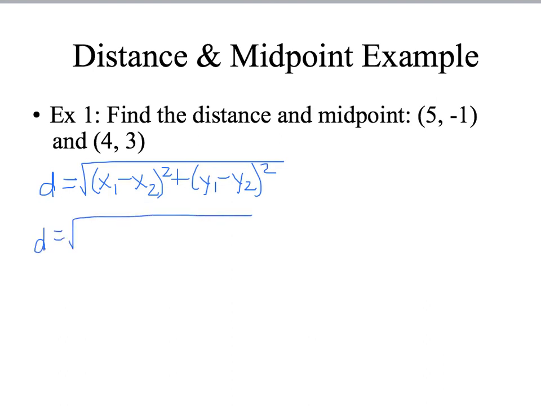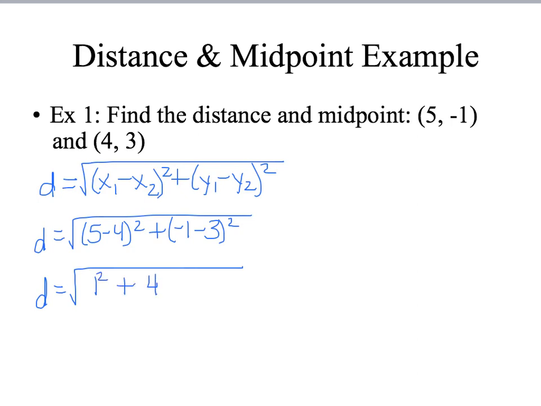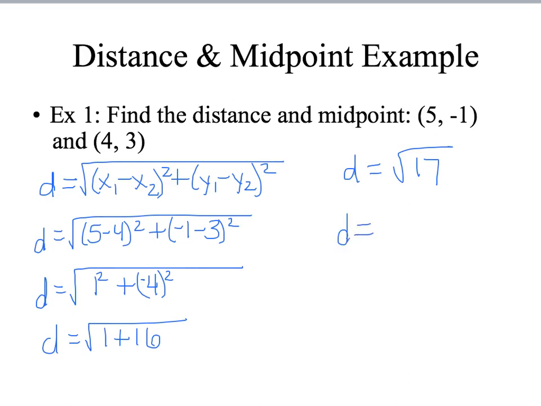So big square root 5 minus 4 squared plus negative 1 minus 3 squared, 1 squared plus negative 4 squared, 1 plus 16, which is the square root of 17, or if we ask you to a couple of decimal places, the square root is 4.12.